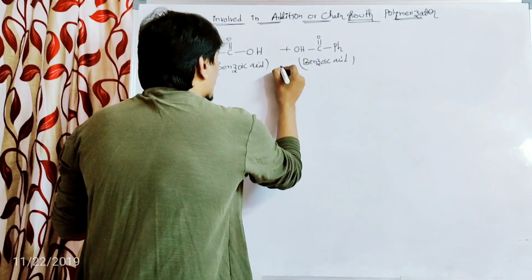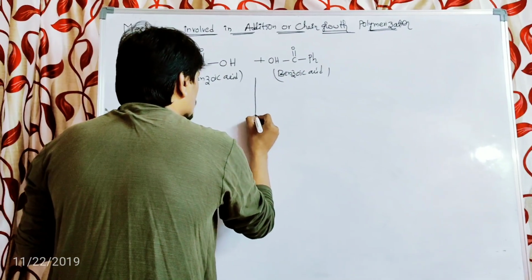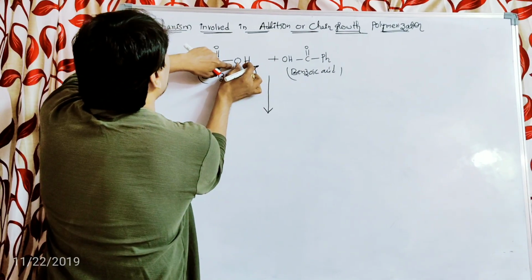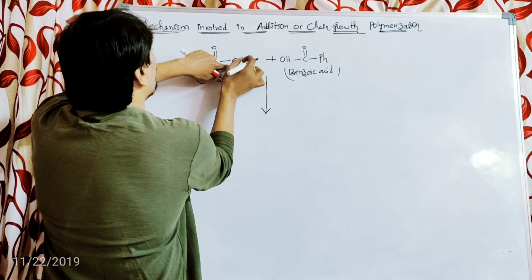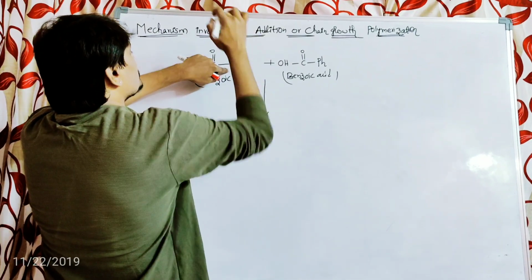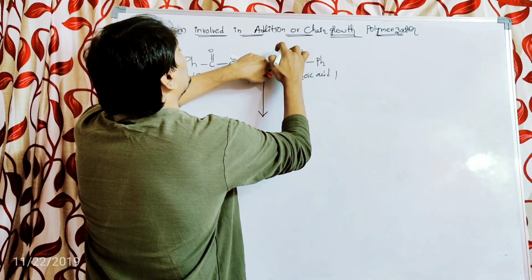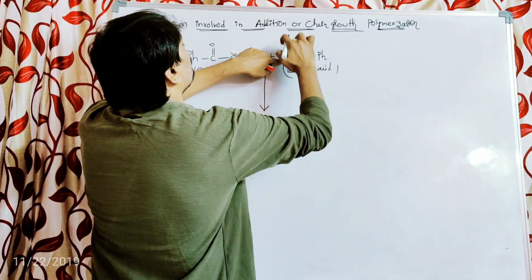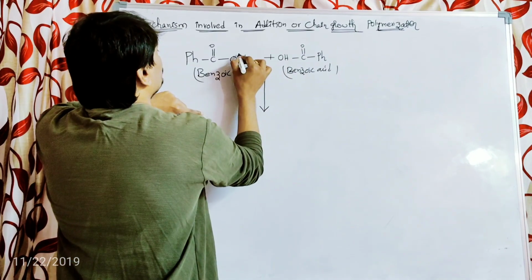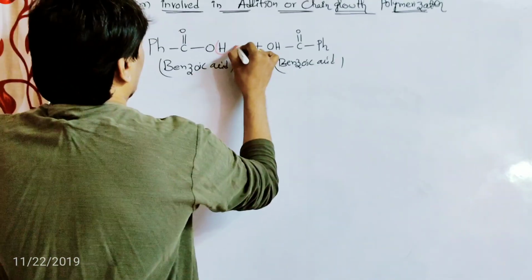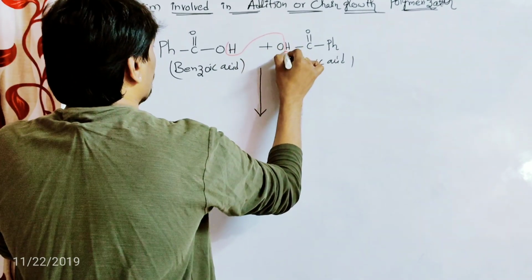Now, in order to get the structure of benzoyl peroxide, we have to remove the hydrogen which is part of the hydroxyl of one benzoic acid, and another hydrogen from the hydroxyl of the second benzoic acid. So this hydrogen and this hydrogen should be removed.